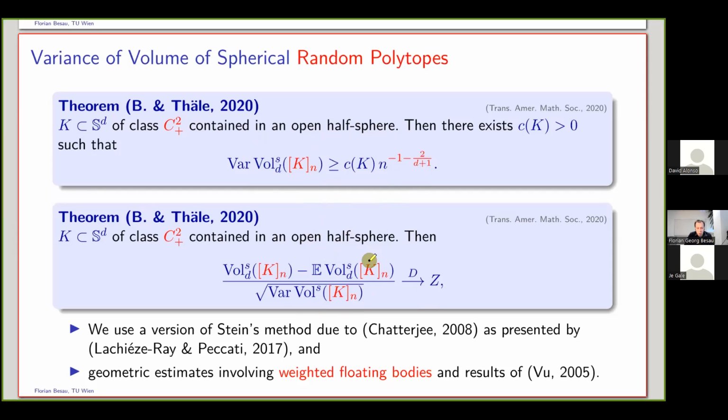Using this lower bound and some geometric estimates, which involve weighted floating bodies, I will not define them, they are some geometric tool that have often been used in connection with random polytope theory, we were able to derive a central limit theorem, which again tells us that the same theorems we have seen in Euclidean space also hold true in this spherical setup.